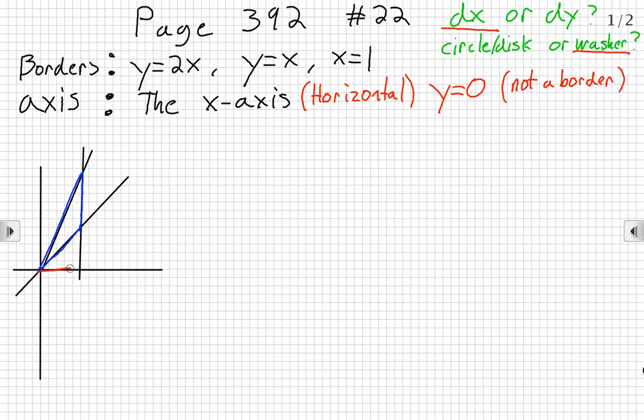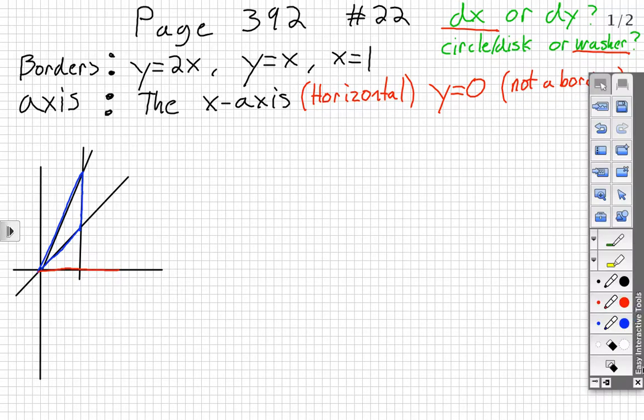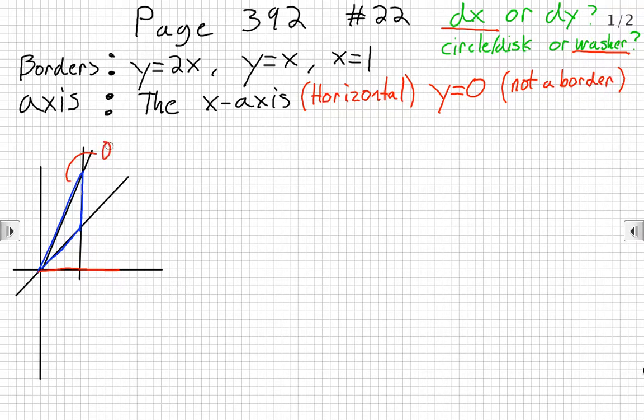Our big radius and our little radius are going to be based on identifying outer and inner functions. The line y equals 2x is farther away from our axis of revolution. So let's label y equals 2x our outer. The line y equals x is closer.